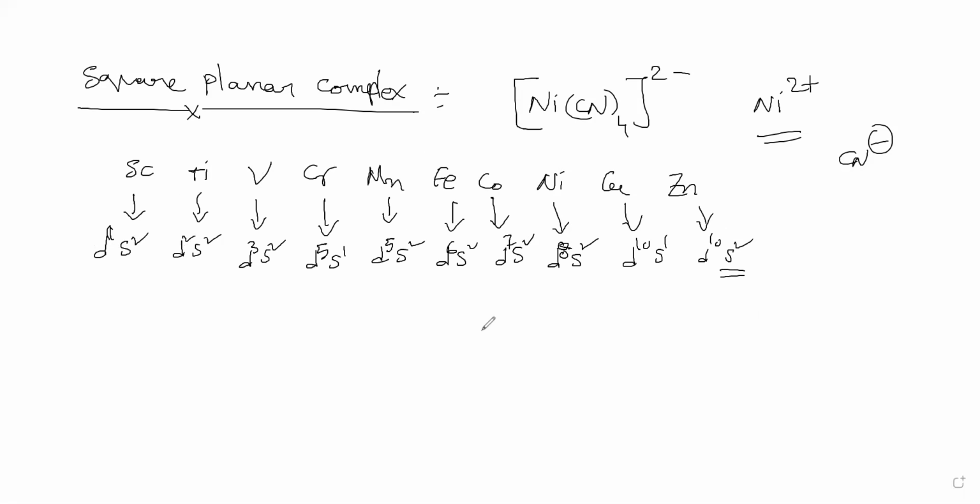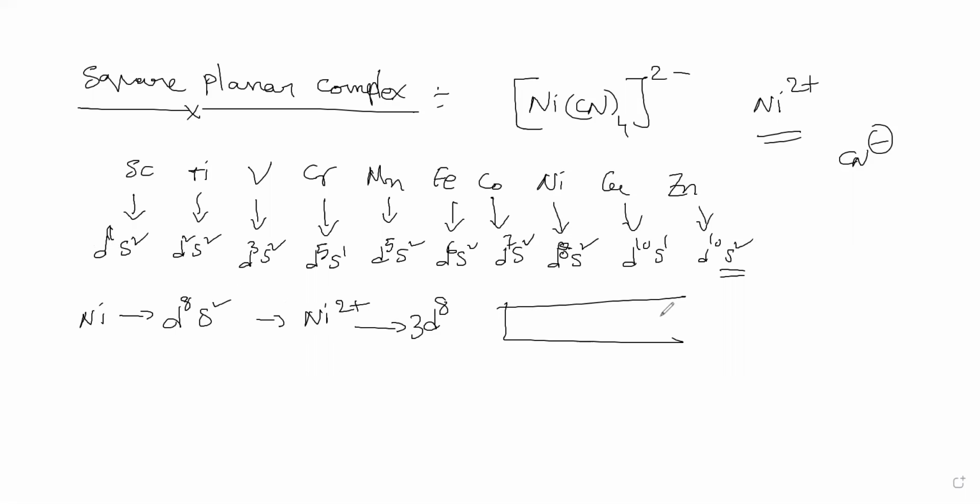Now nickel 2+. Nickel is d8s2 type. So when I write it for nickel 2+, it is a d8 configuration, so it's like 3d8.